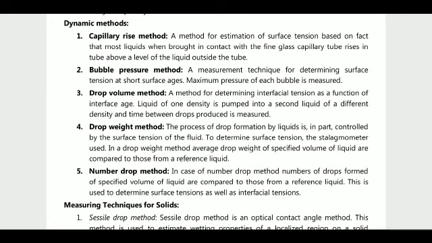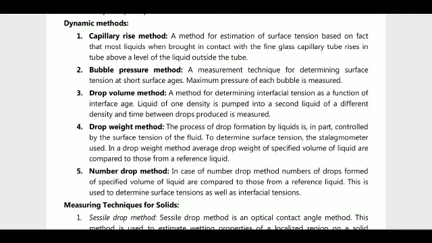This method is used for determining the interfacial tension as a function of interface age. In this method, liquid of one density is pumped into a second liquid of different density, and the time between the drops produced is measured.